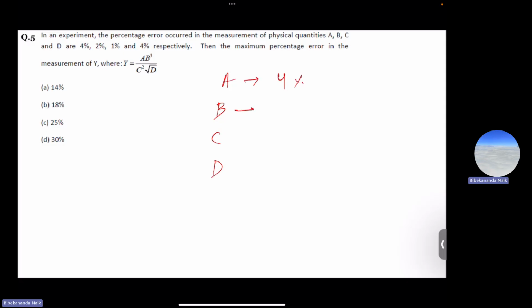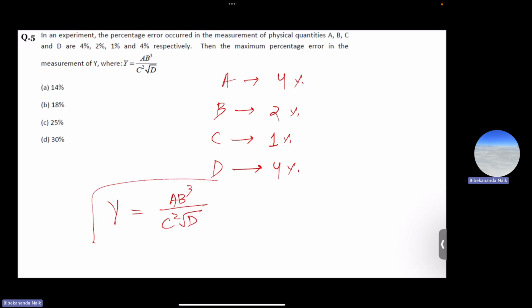Error in A is 4%, in B it is 2%, in C it is 1%, and in D it is 4%. And the formula for Y is A B cube divided by C square root D.